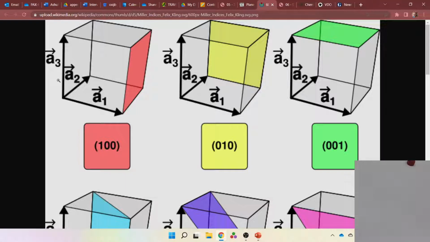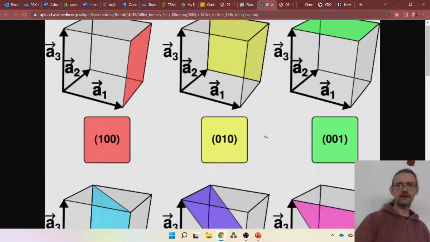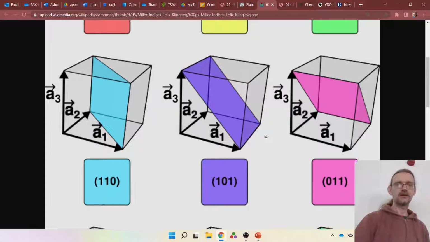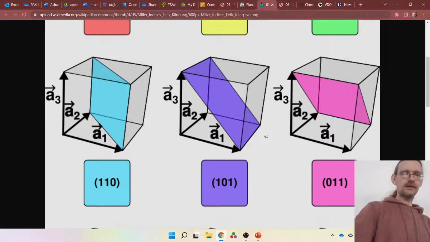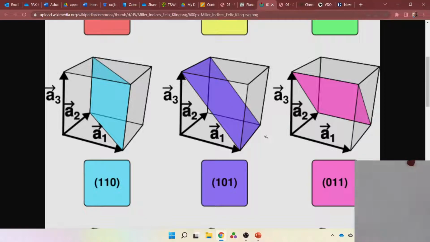But you can see the same for the others, the permutations. And then you've got this 1, 1, 0. It's going to be parallel to the z direction, so it never cuts the z direction, but it cuts the x and y axes at 1.